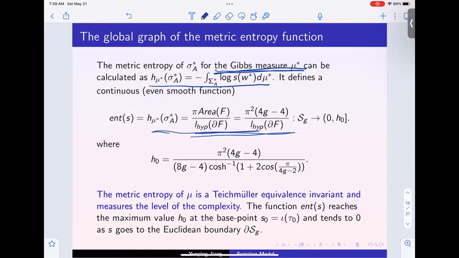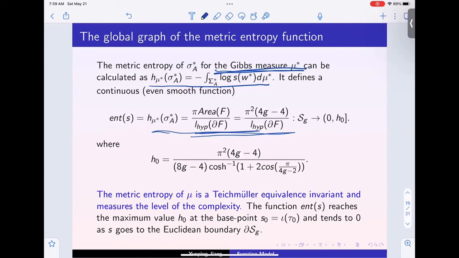You can see this metric entropy attains its maximum at the base point of Teichmüller space, but then goes down to 0. Okay, so that is metric entropy.